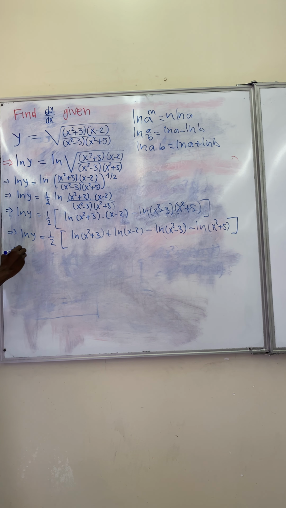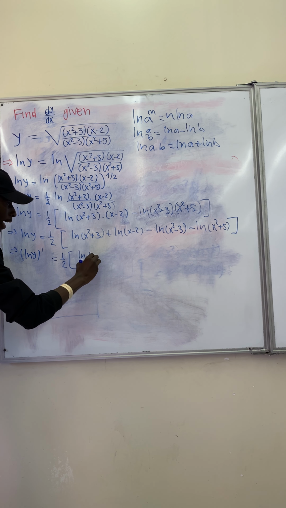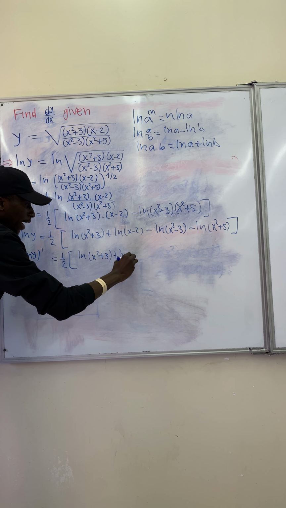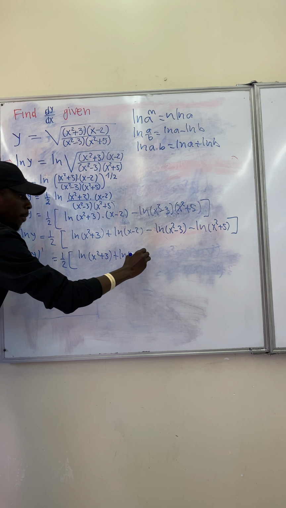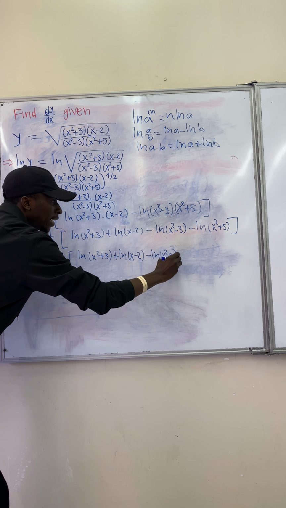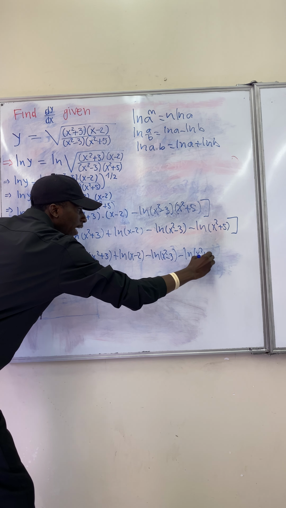So now for the second step, after we already simplify, we can do the differentiation on both sides. So we're going to have the derivative of ln of y, and then 1 over 2 times the derivative of ln of (x squared plus 3) plus ln of (x minus 2) minus ln of (x squared minus 3) minus ln of (x squared plus 5).